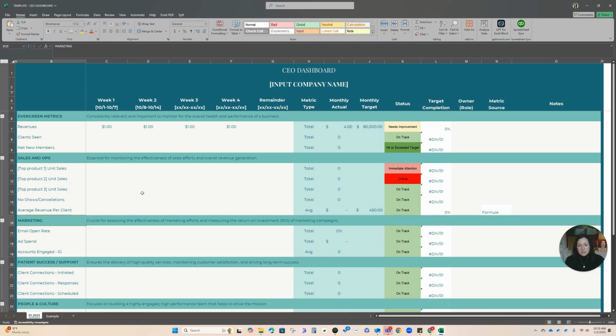You could also use the CEO dashboard just for a department only. So say marketing is going to use this dashboard only for marketing related initiatives. So we're looking at KPIs related to Instagram and email and ads and a referral project that we have going on right now. You could totally use this for that too. And that's why I love this, because it is so customizable.